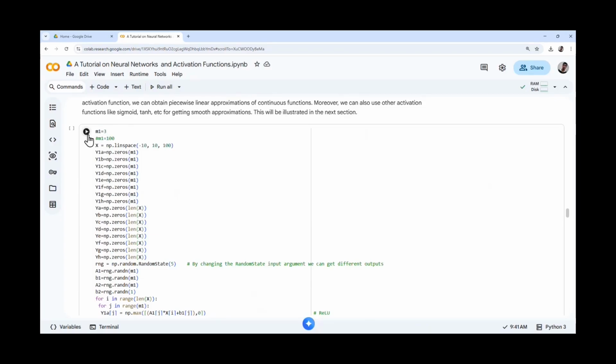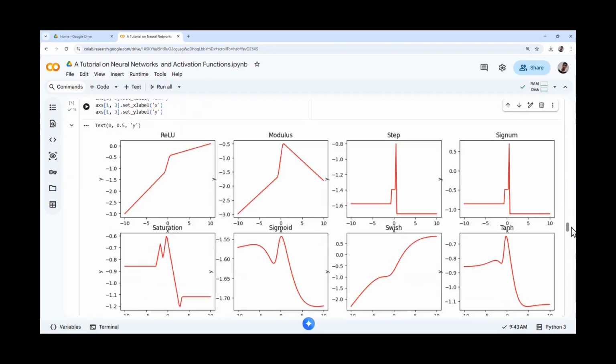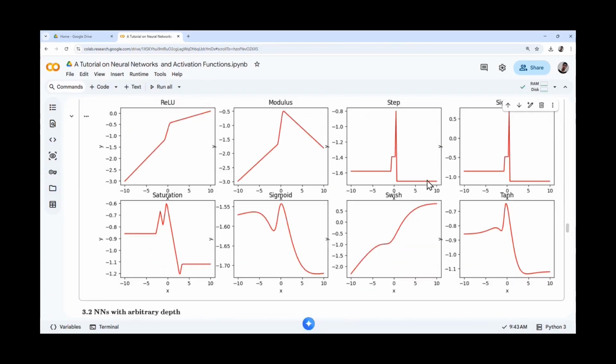Here we repeat this with other activation functions as well. In this first case, we are taking the number of neurons in the hidden layer, or the width of the neural network, as 3. And with that, we can have different functions: with ReLU, we obtain a piecewise linear curve as shown in this figure. With modulus, the function will be like this. And we can see it for other functions as well.